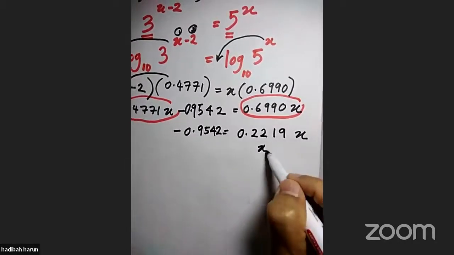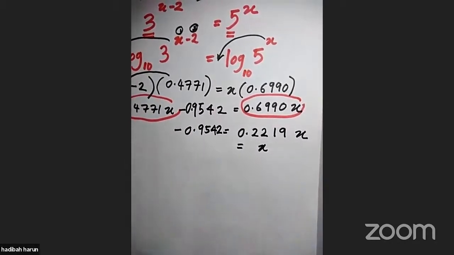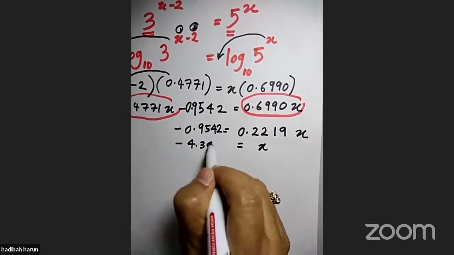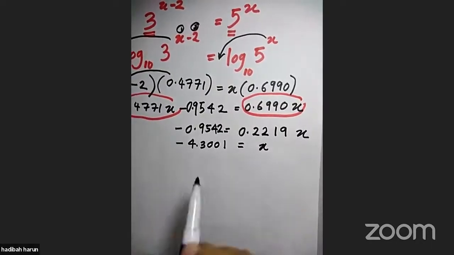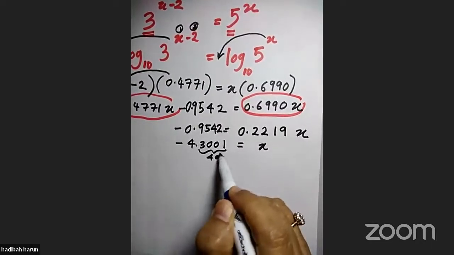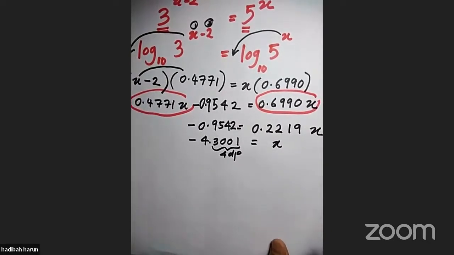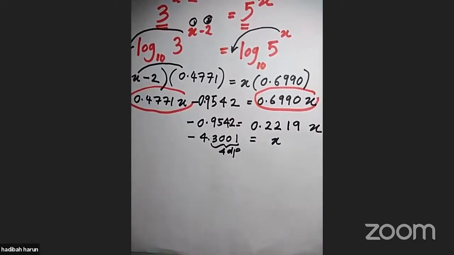So your x is, you press your calculator, what did you get? You will get negative 4.3001, four decimal places. Anda stated in the question, kalau soalan minta dalam 2 angka berarti 2 decimal places, ikut arahan soalan untuk melayakkan awak mendapat markah penuh.